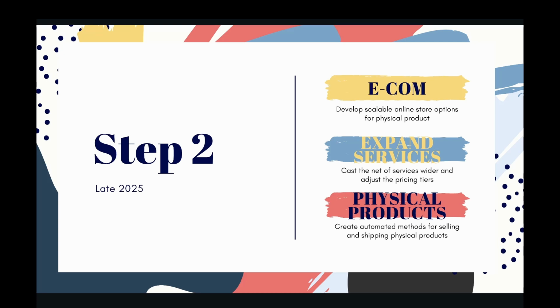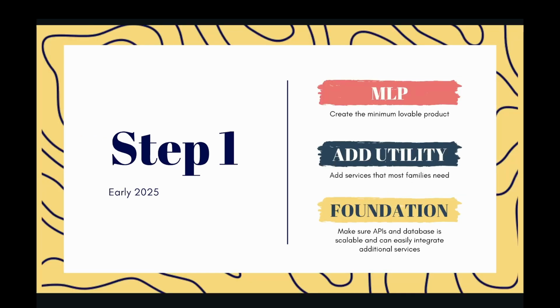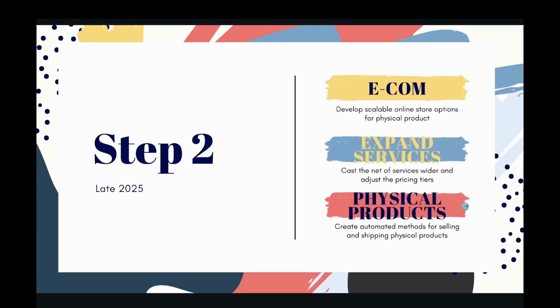And then physical products. This goes back to the app. I'll go back to step 1 here. One of the utilities, or here, the expanded services, is adding games, like a game platform where parents can look at or choose from a variety of games and allow their kids to play, and have total access and know what their kids are doing online.